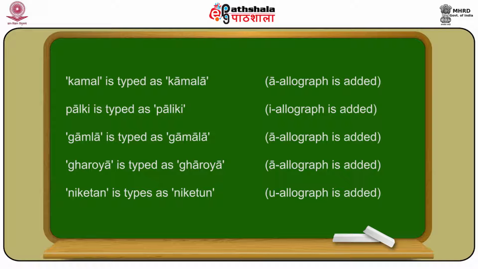So kamala, where the la is written together. There is no meaning for that, but it happens that the data entry operator has made the mistake and retyped the particular letter again. So palki is sometimes written as paliki, gamla is written as gamela, or gharwa is written as gharwa, or niketan is written as niketun, or something like that.